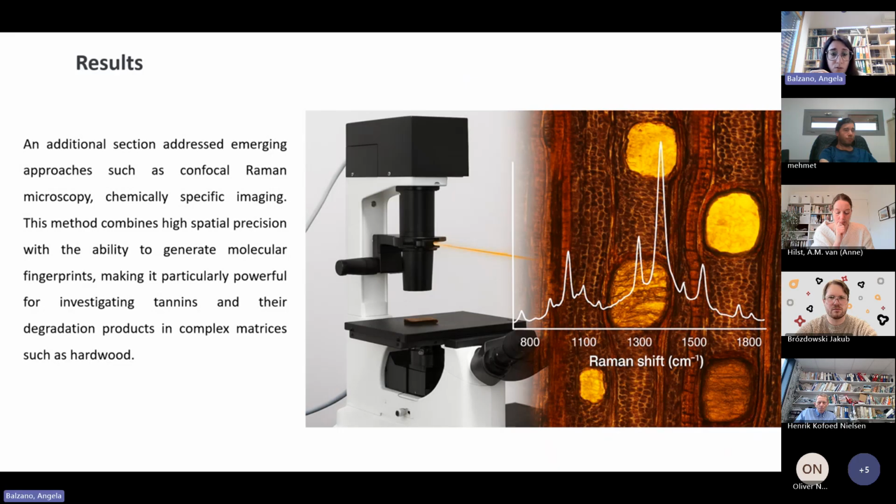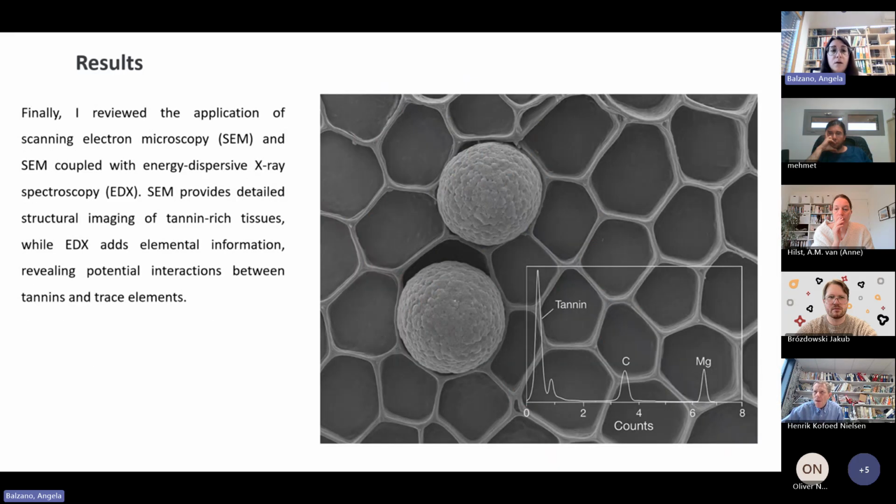And it's also a quite non-destructive method. This is something that sometimes is of high importance, especially if we speak about archaeological remains findings.